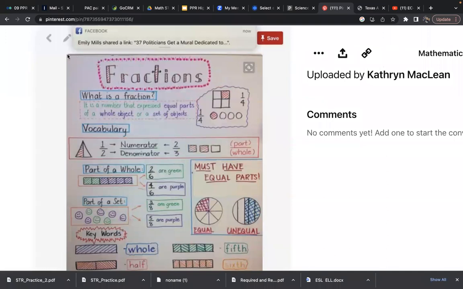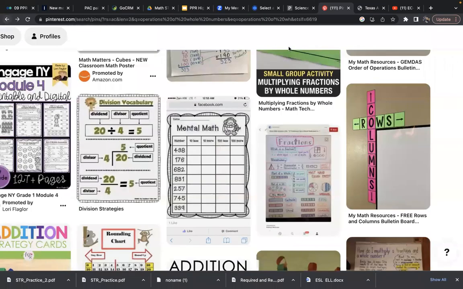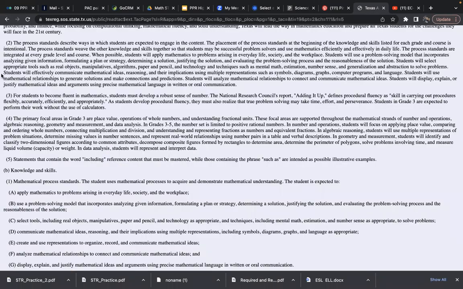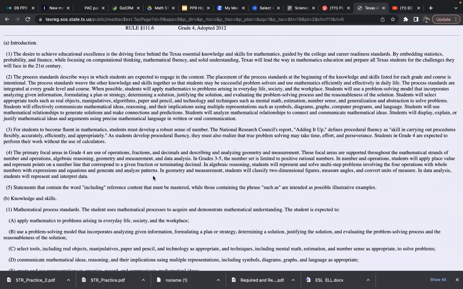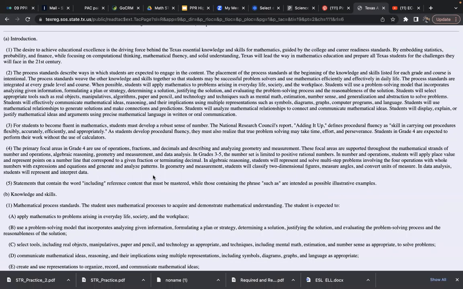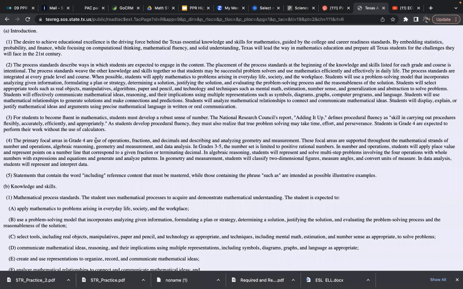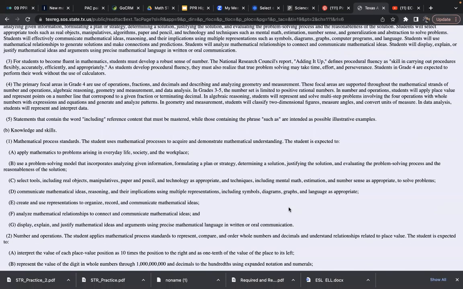And all of these ideas need to be solidified, because I'll bet when we go look at the focal point for fourth grade, they needed to know the order of operations. Now they're going to use the operations, fractions, and decimals, describing and analyzing geometry and measurement.